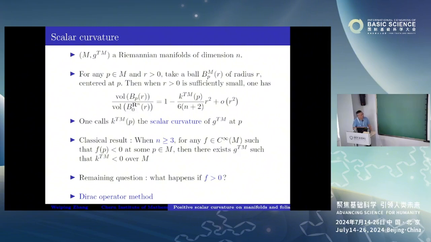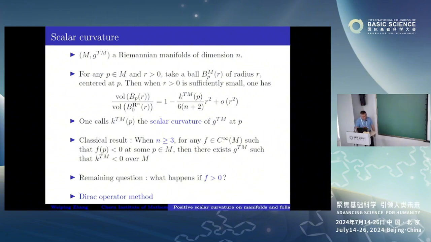So it turns out that if you have a function with a negative value, then in dimension larger than or equal to 3, there always exists such a metric. The interesting question remaining is what happens if f is positive. It turns out that there are obstructions to this kind of problem. So here the Dirac operator methods come in.